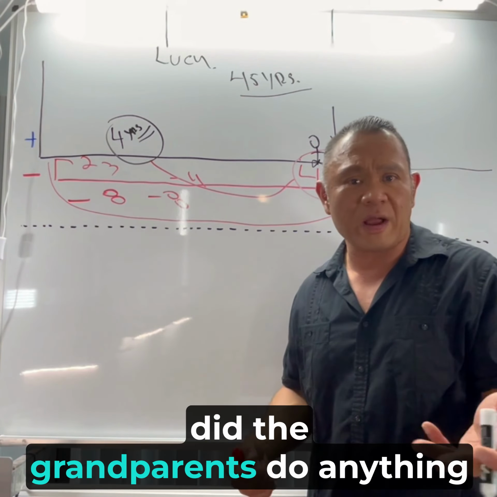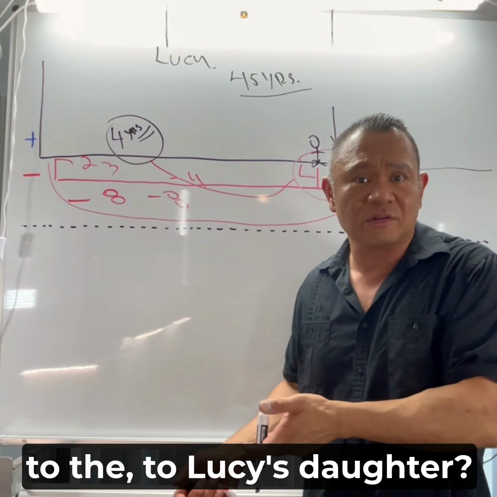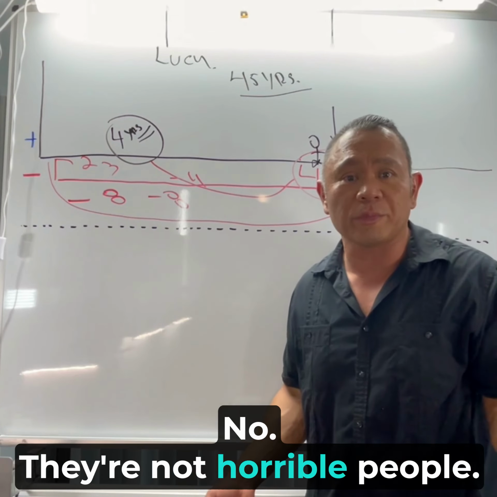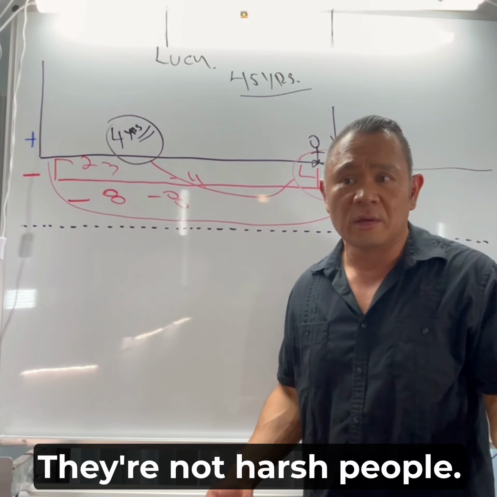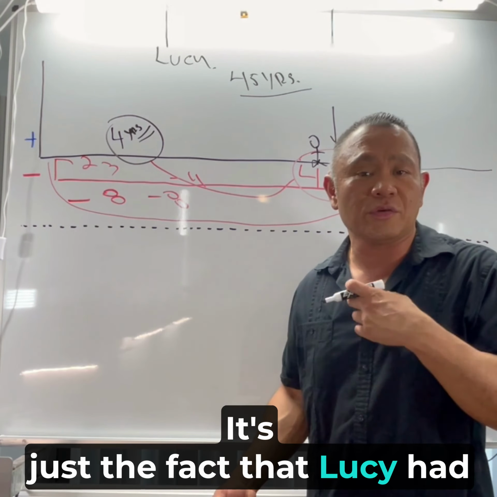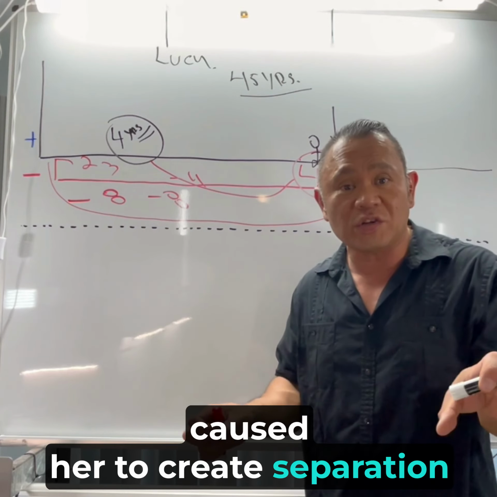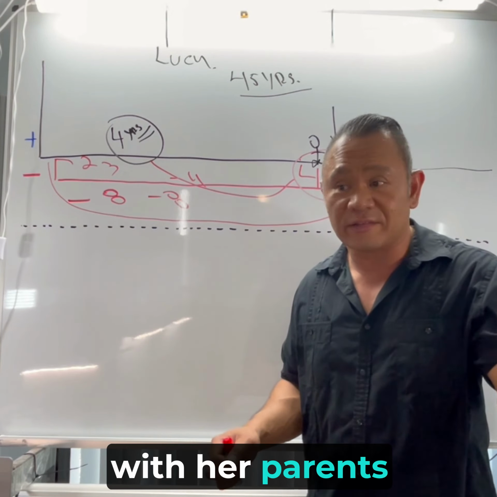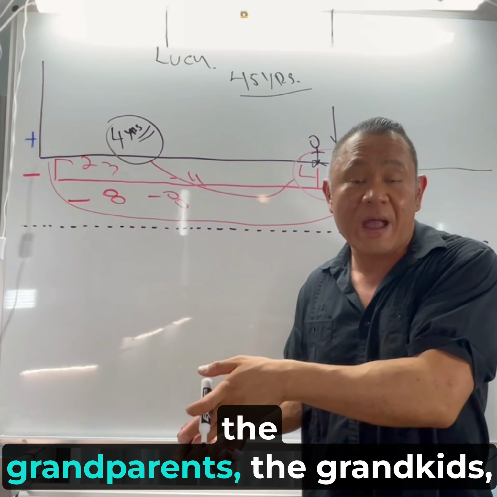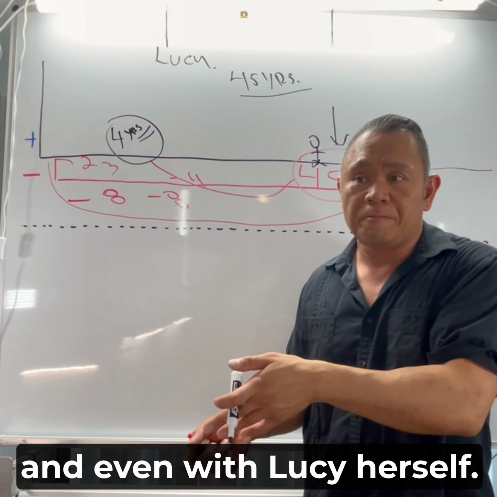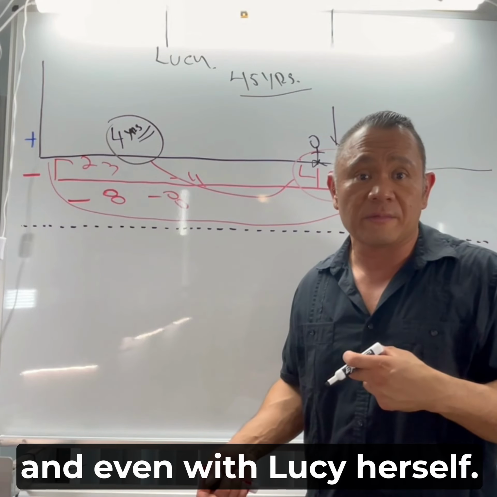Now, did the grandparents do anything to Lucy's daughter? No, they're not horrible people. They're not harsh people. It's just the fact that Lucy had this pain inside of her, and it caused her to create separation with her parents, the grandparents, the grandkids, and even with Lucy herself.